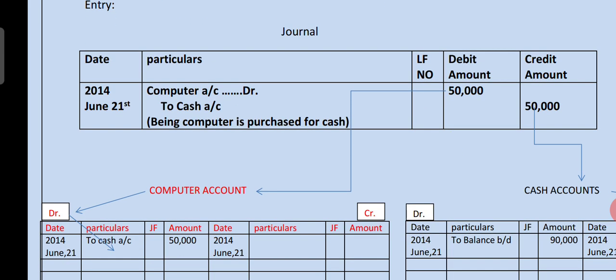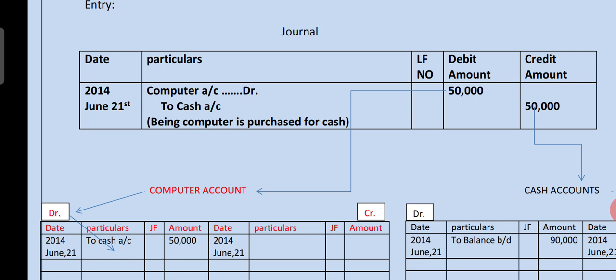We have to transfer that journal information into the ledger. How are we going to transfer the journal information into the ledger? The primary entry we completed. Next, the secondary entry. How are we going to record the business transaction in the ledger book?